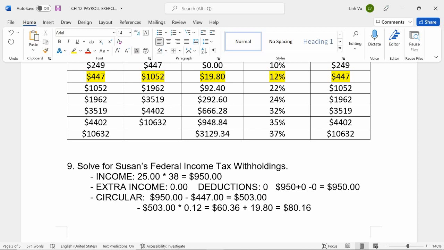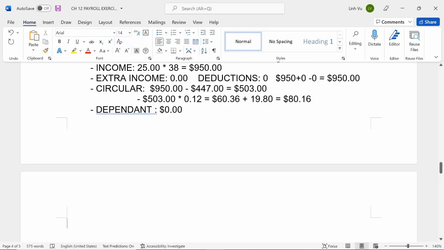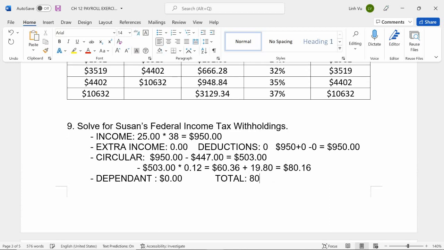Did she claim any children? No. That means it's 0. So what's her total federal income tax withholdings if she didn't claim any children? 80.16 minus 0, which is 80.16.